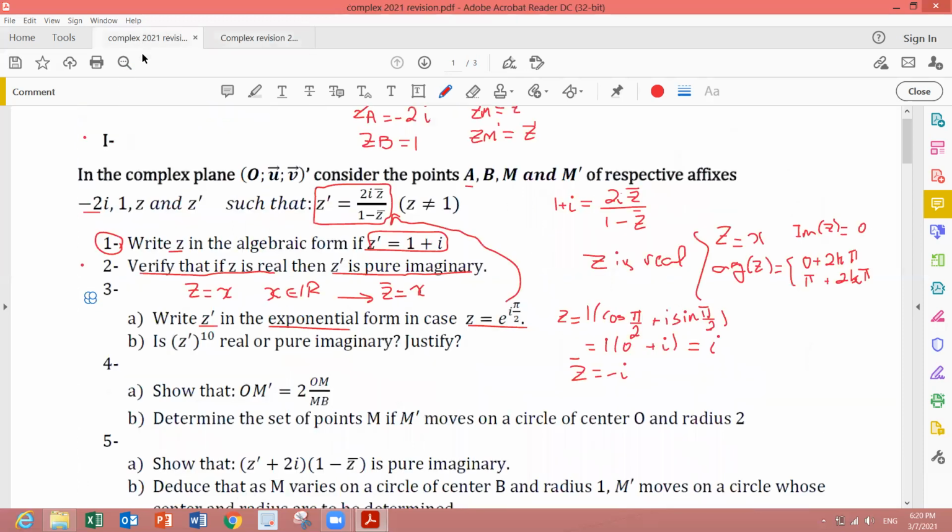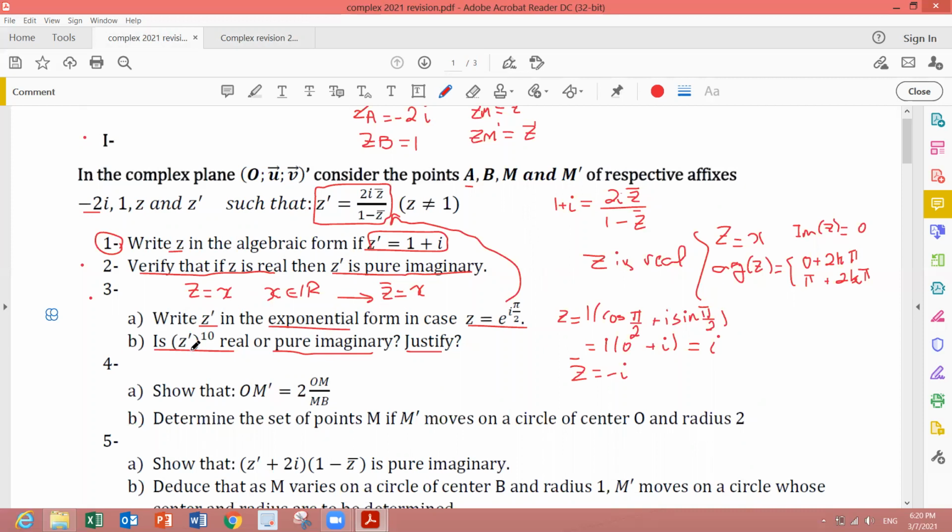Now, part B. Is z prime power 10 real or pure imaginary? Justify. Now, z prime power 10, I have z prime in the algebraic form. But z prime to the power 10 is difficult to expand.